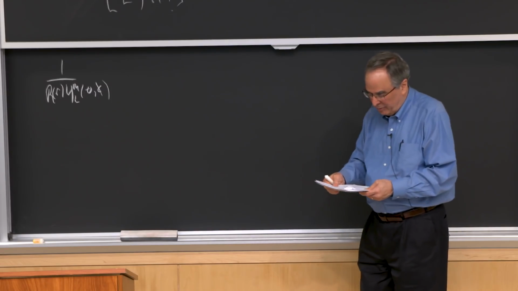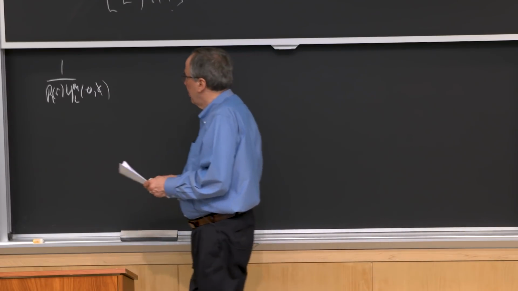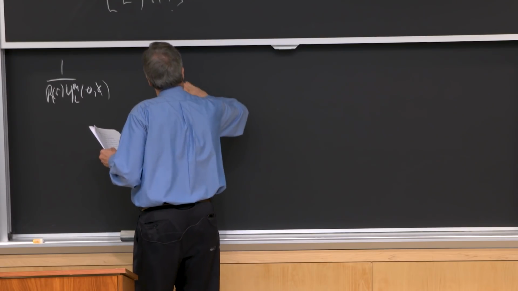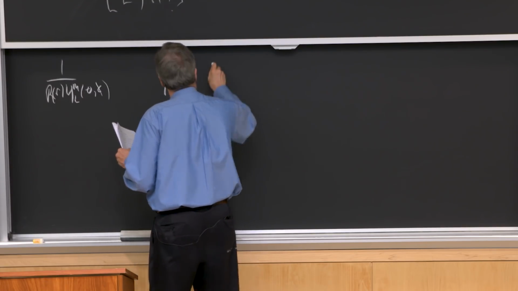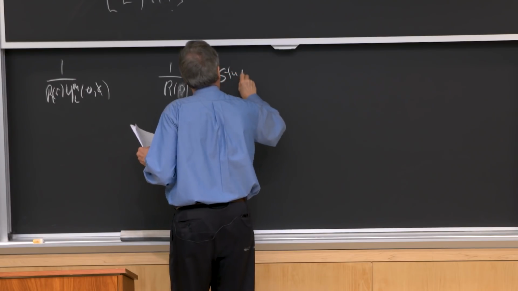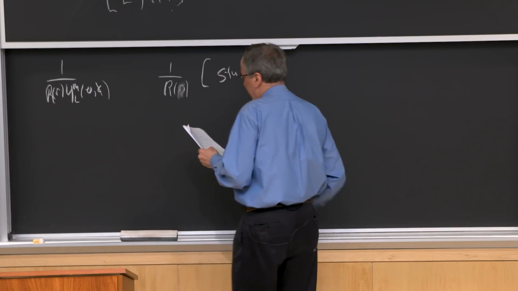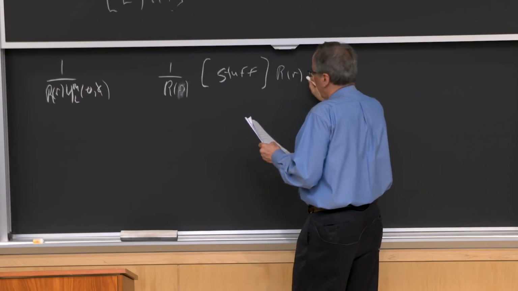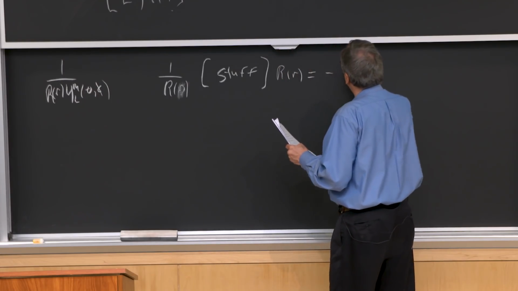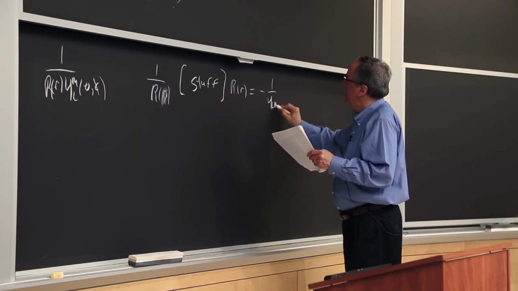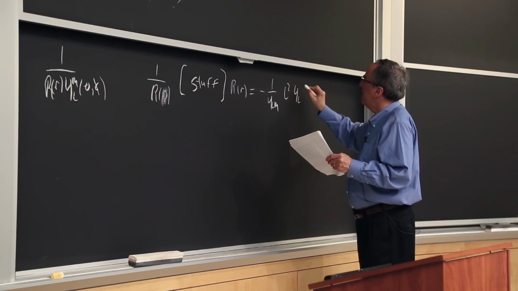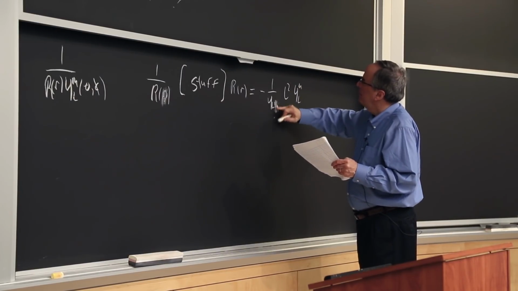And we've already dealt with one of them. So what you end up getting is 1 over R of r times stuff times R of r is equal to 1 over Y_lm L squared Y_lm.